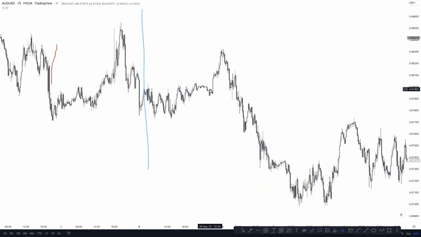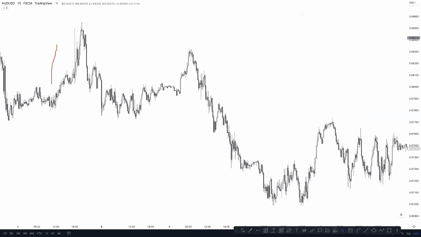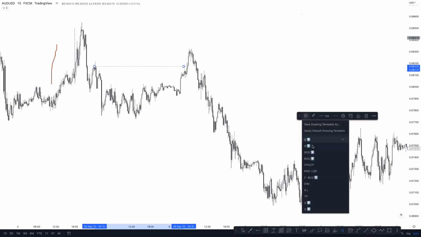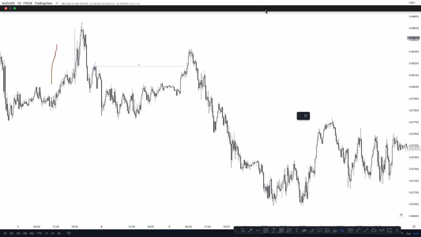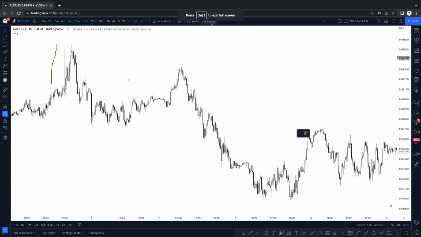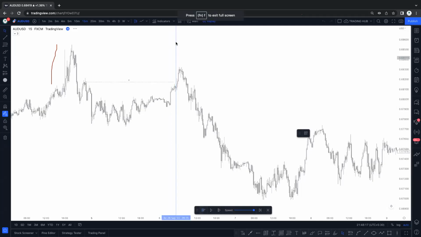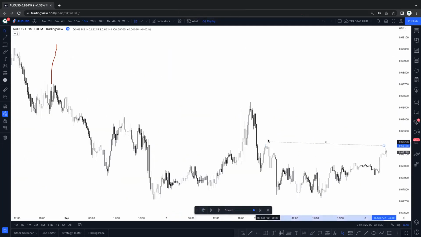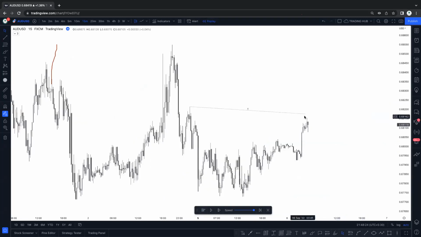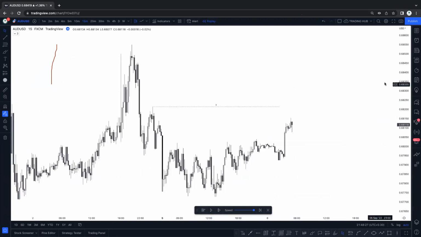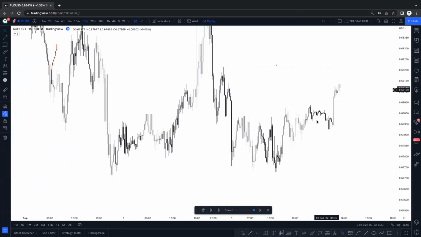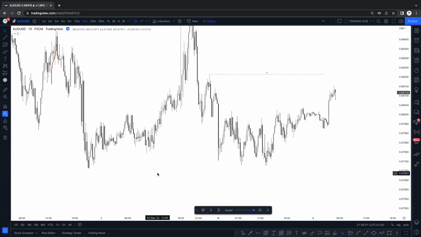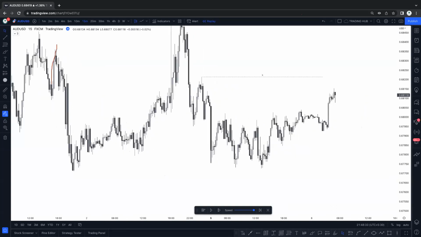Okay, let's see what happened here. In the bottom side, market create a strong demand zone.